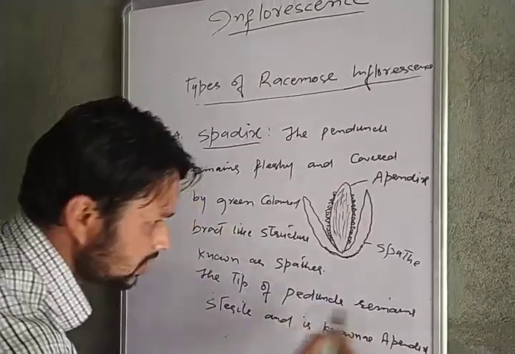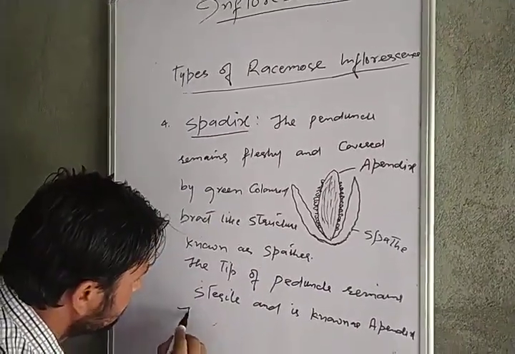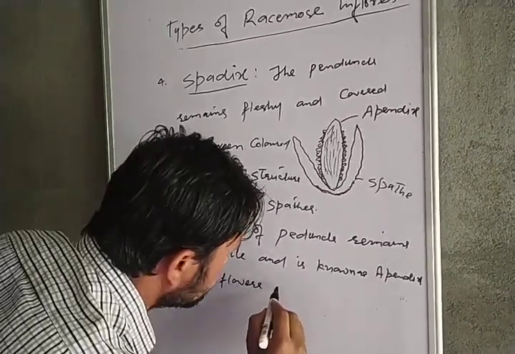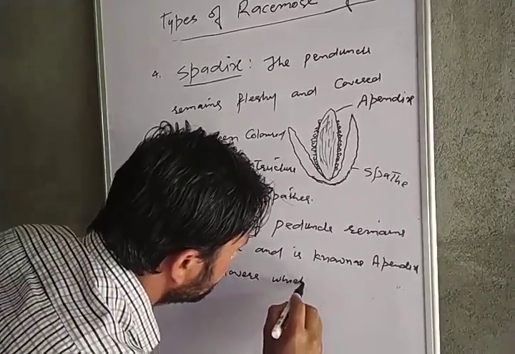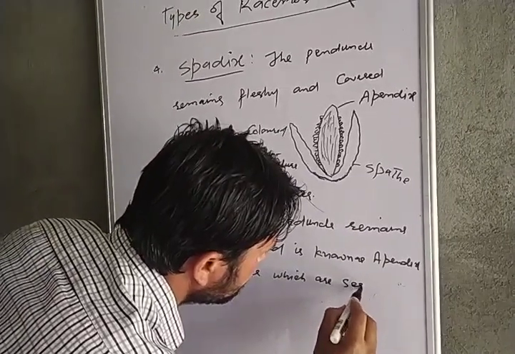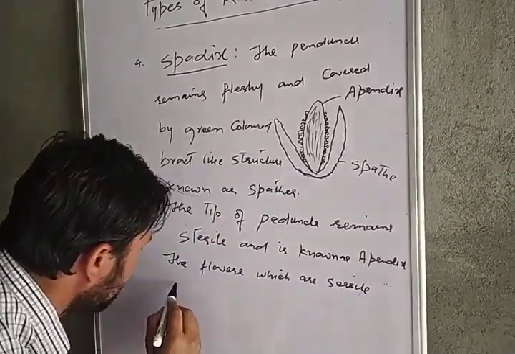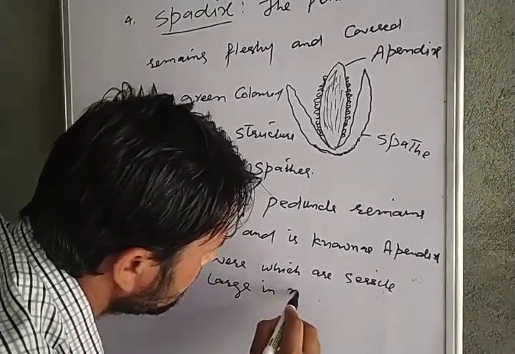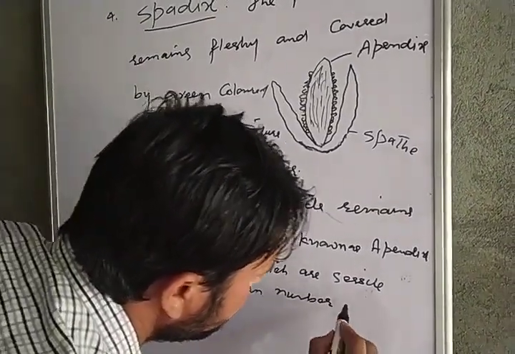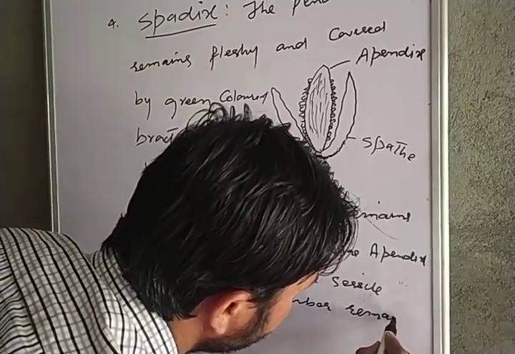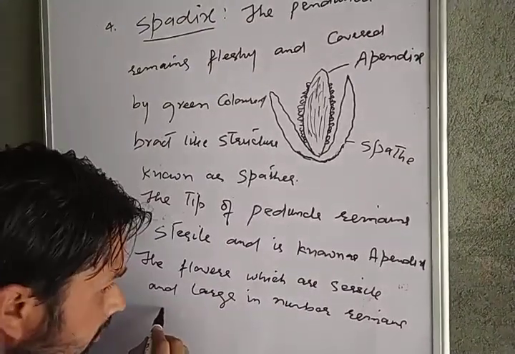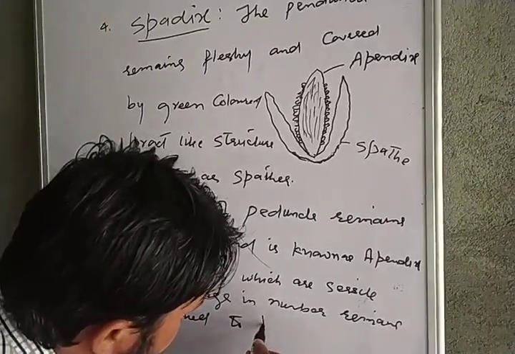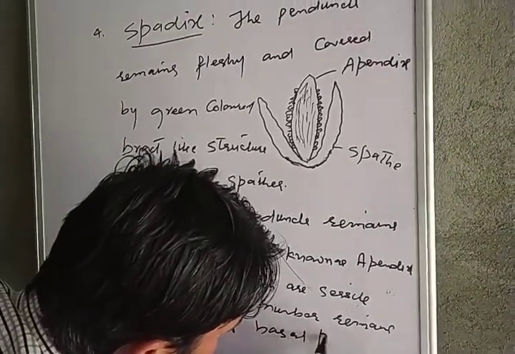The flowers, which are sessile and large in number, remain attached to the basal portion of the peduncle.